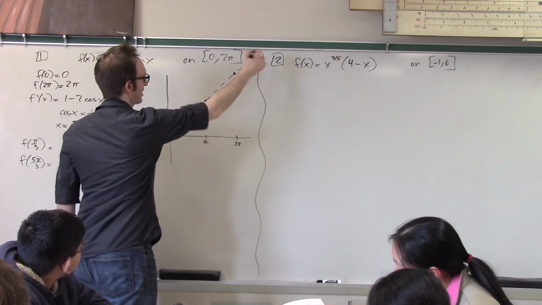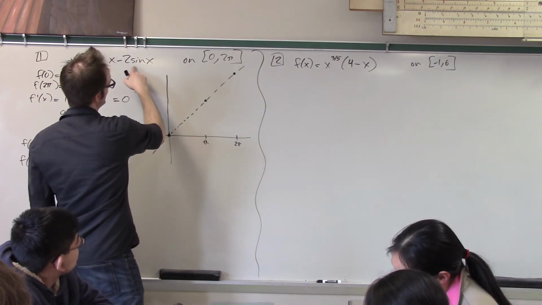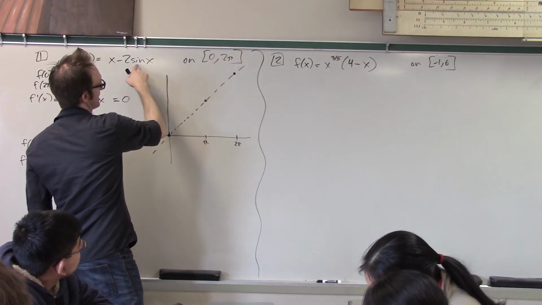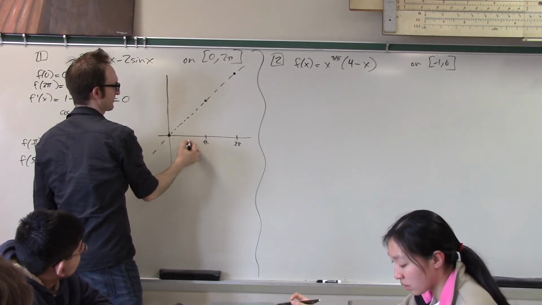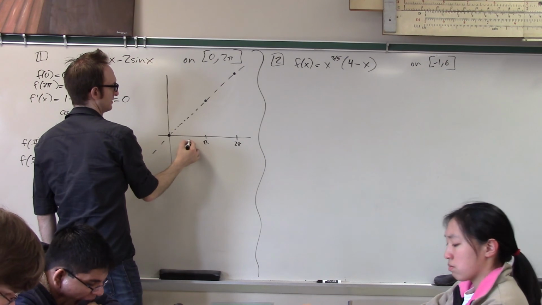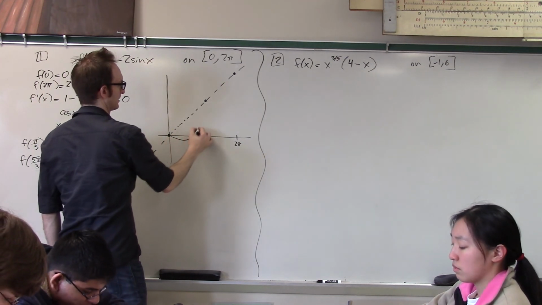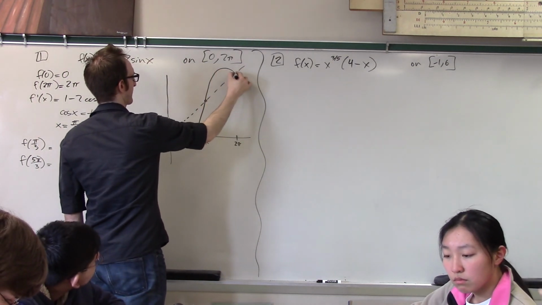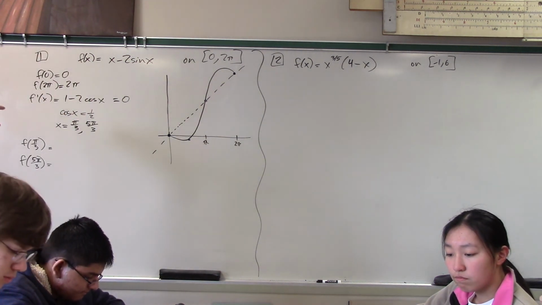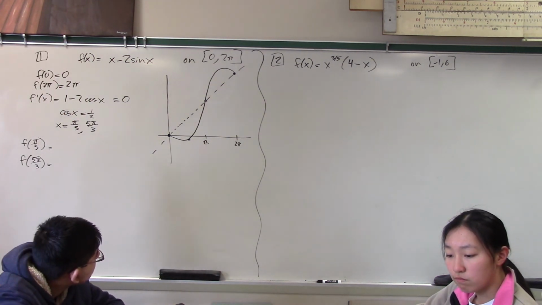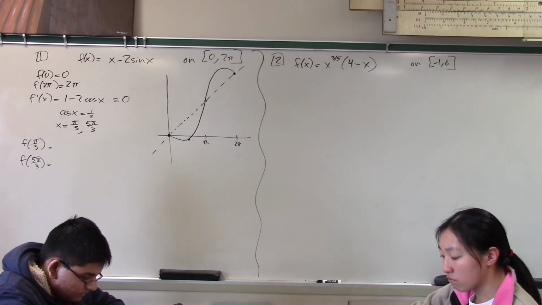So I draw x, and then at pi over 2, it's going to be 2 less than it would be. So I think it might even be down here or something, right? I know it's going to look something like that, but now calculus will tell me exactly where those relative maxima and minima are, which is something I could never do before.